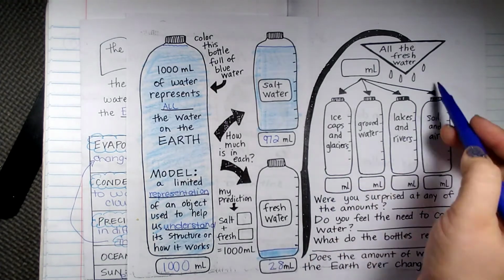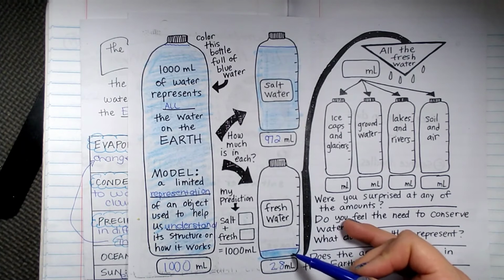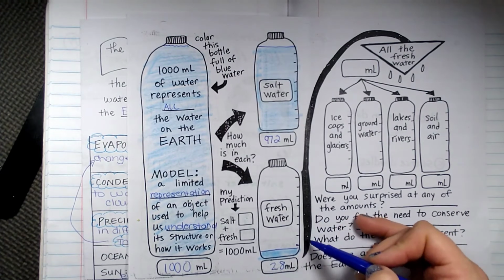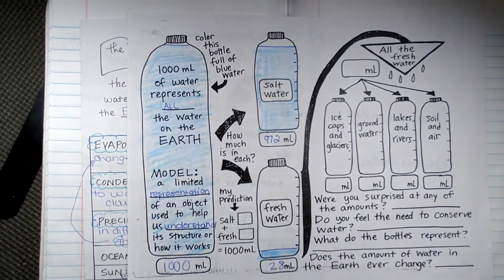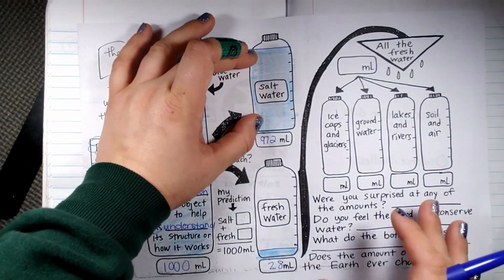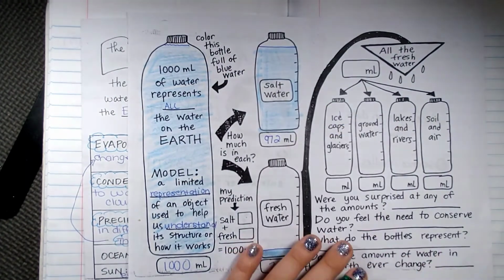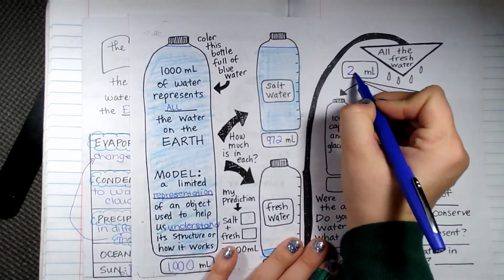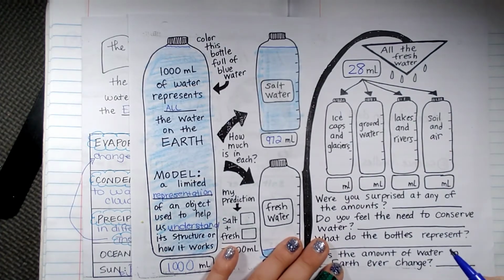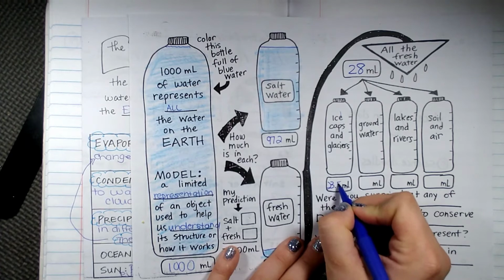So now this tiny little part of the fresh water is divided up into these sections. So this is the oceans and seas that are salt water, and then the rest is fresh water divided up into these categories.